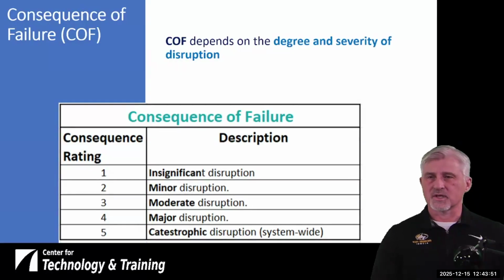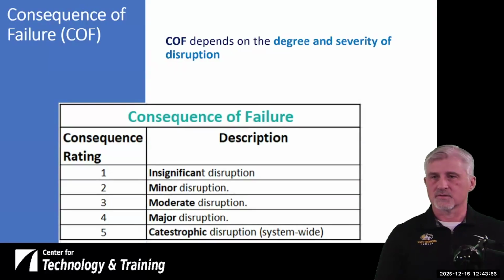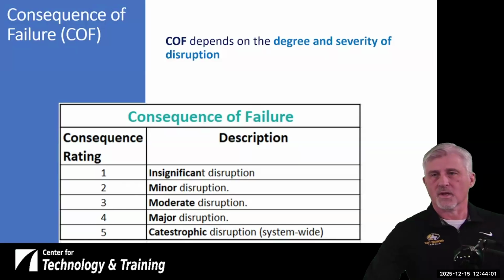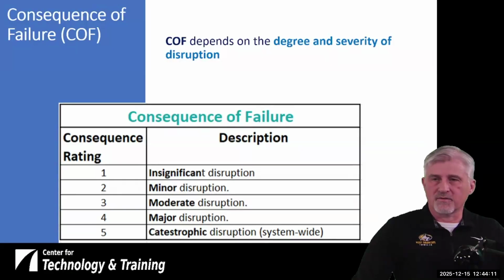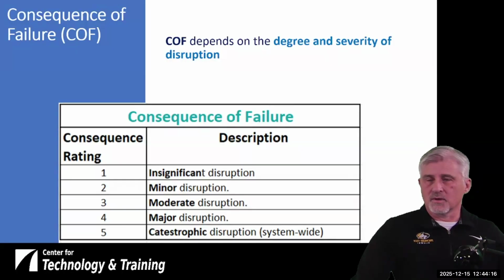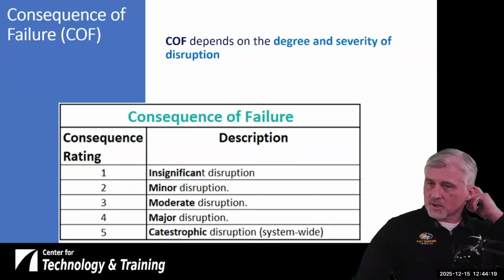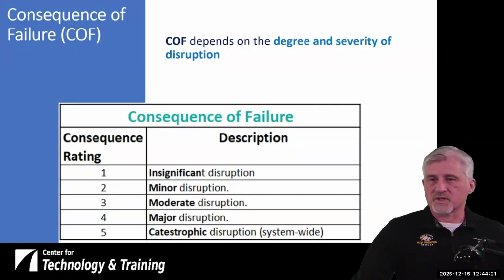So these numbers are setting themselves up so that the better it is, the lower the rating, and we'll see as we go on farther how that affects things. But our consequence of failure could be insignificant at a 1, minor at a 2, moderate at a 3, and major at a 4, with catastrophic meaning that maybe the entire system is out. A moderate disruption might take out a certain percentage of our system, but catastrophic is going to take out the entire system.